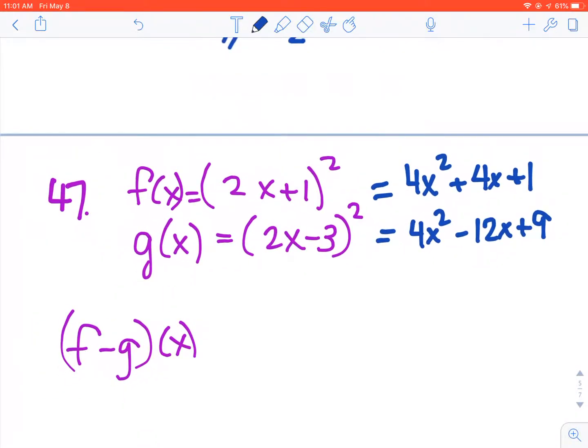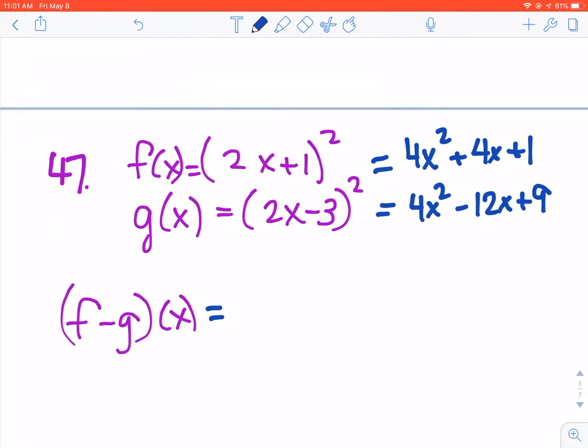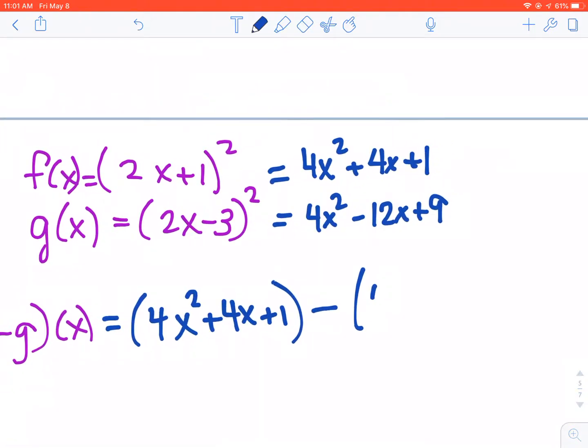All right, so we're going to take f minus g. So that means we're taking 4x squared plus 4x plus 1 minus parentheses 4x squared minus 12x plus 9.